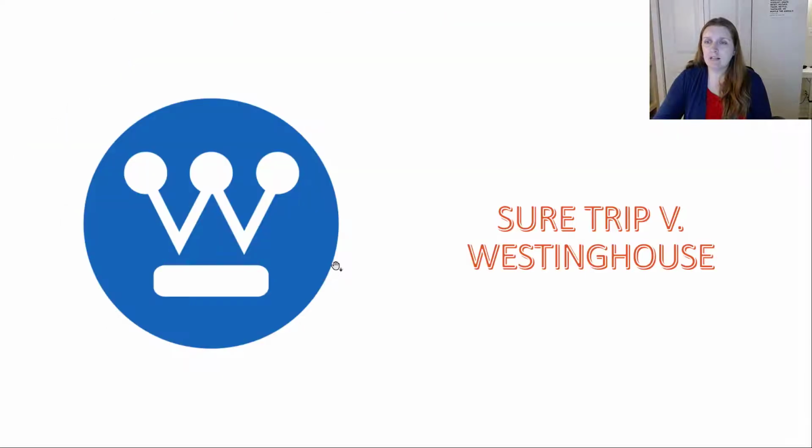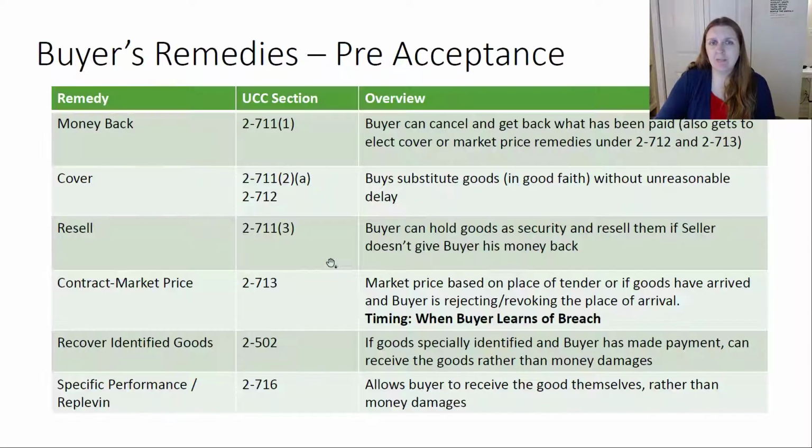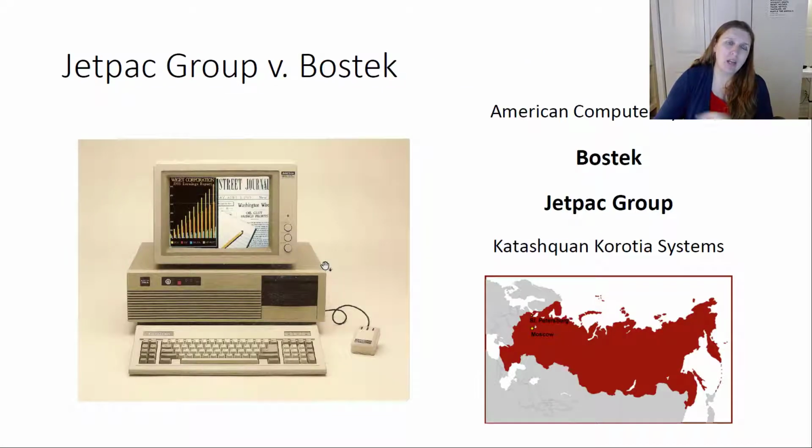We'll discuss the problem 24.1, looking at seller's remedies, in class. Let's move on to talking about buyer's lost profits. And really what we're focusing on is consequential damages for middleman sellers.